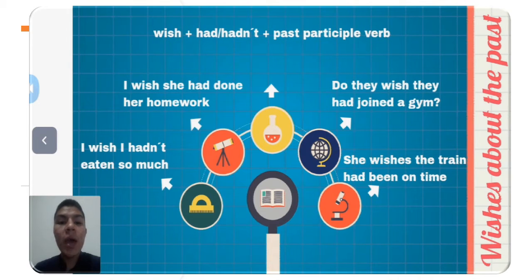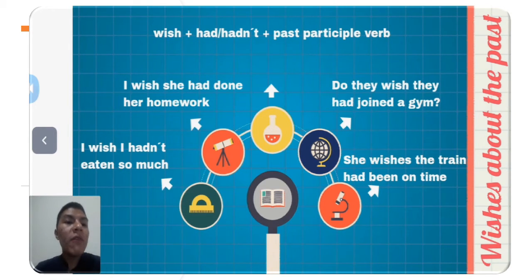As you can see, we have the first clause, which is I wish, and then we have the second subject, that is the one that is performing the action, which is she, and we have the past perfect tense, had done her homework, right? So it means that she didn't do her homework, and that is what expresses the wish that she might have gotten it done, but she didn't.